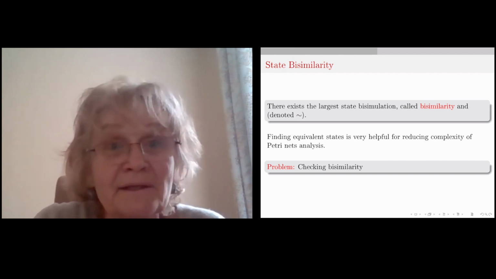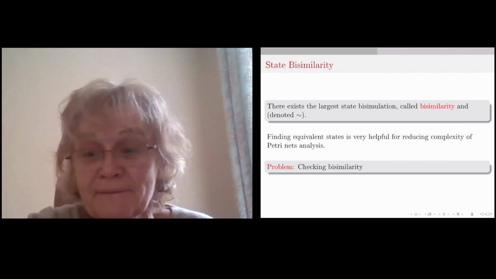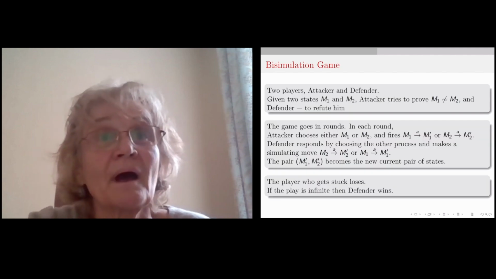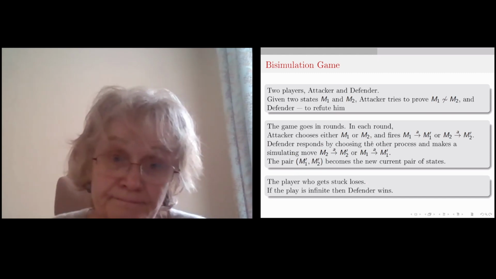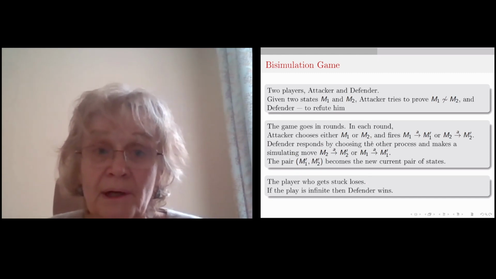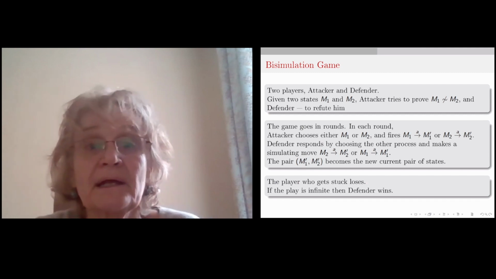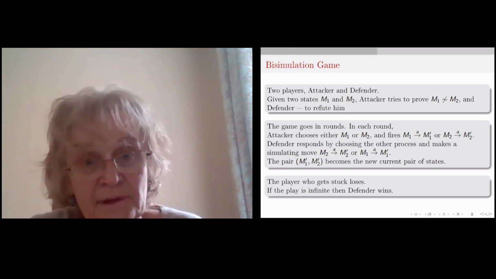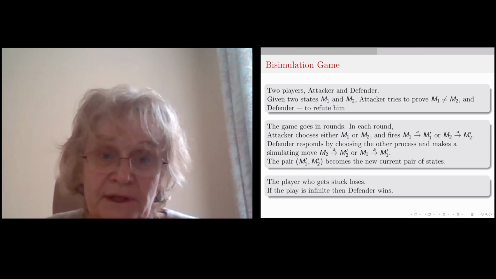And then it goes on in the same way, so that bisimilarity becomes undecidable for richer models. And then how to check bisimilarity? Just from the definition, if there is a relation with this transfer property in both directions, then these two states are bisimilar.